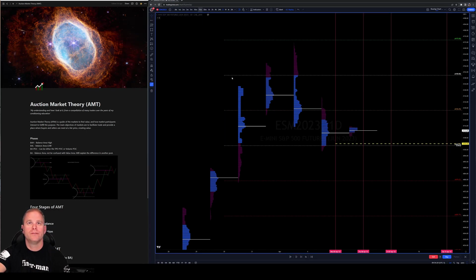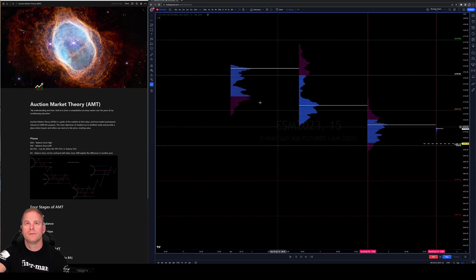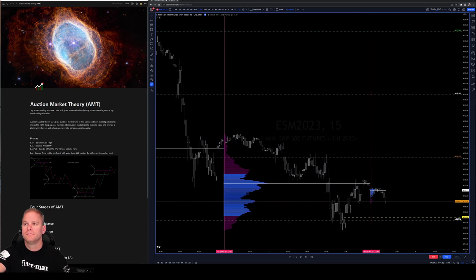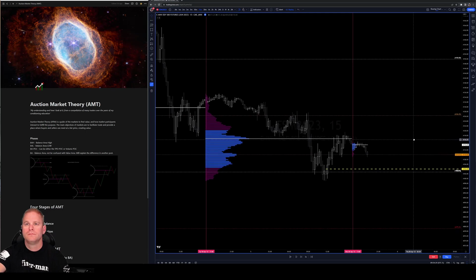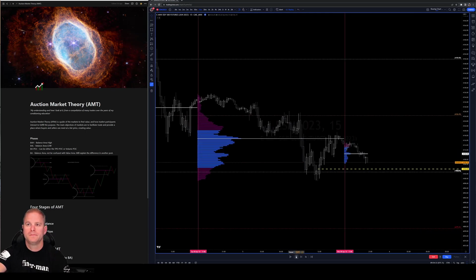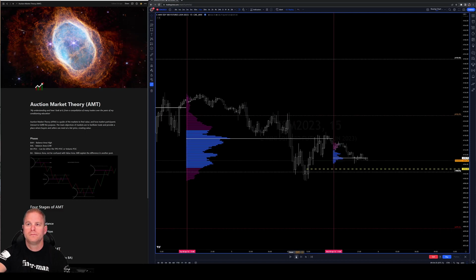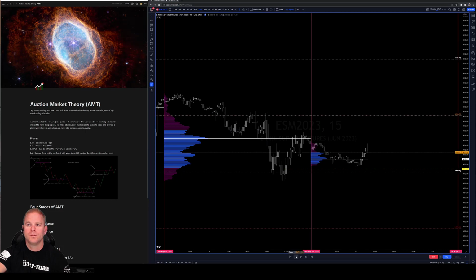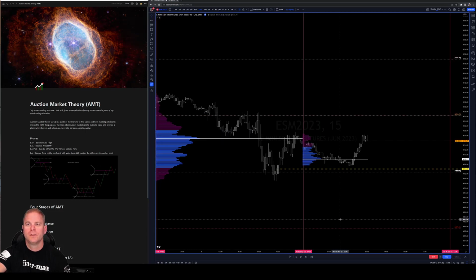Let's go back over to the 15-minute and push play. Oh, it's so close. It got so close to that, but it's actually going off of this consolidation block.